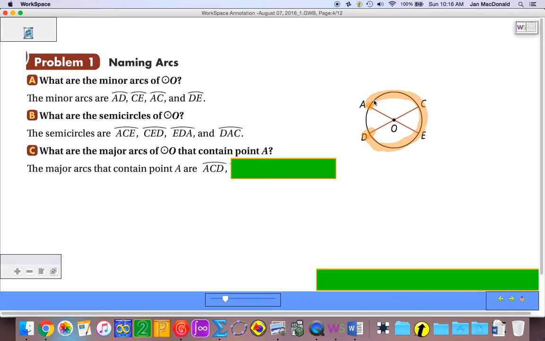Good. Can we name another major arc containing A? Well, let's start here at E. We could say EAD. Clearly a major arc, more than 180 degrees. EAD, or another way to name that one would be DAE.